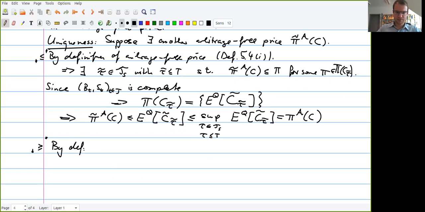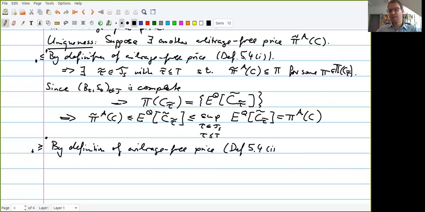Again, by the definition of an arbitrage-free price, and now you won't be surprised that I use the second property of an arbitrage-free price. What can we conclude? There exists no stopping time which leads to a strictly bigger value of the American option.